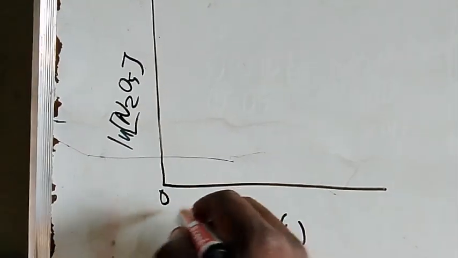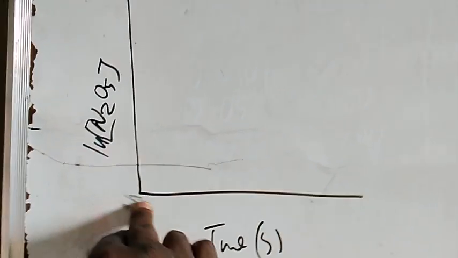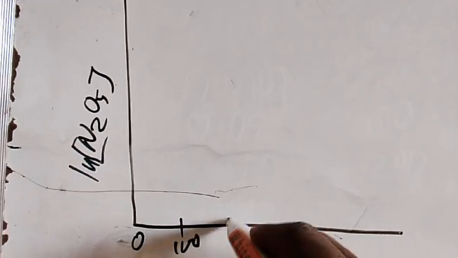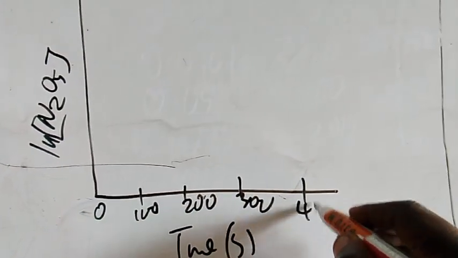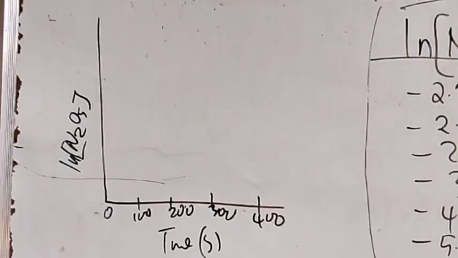Our time runs from 0 to 400, so there you are going to make a good scale. So you can have 0, 100, 200, then 300, then 400, not drawn to scale.